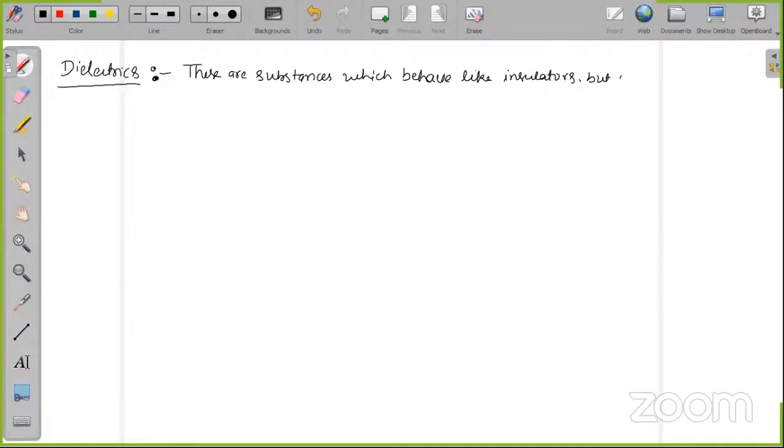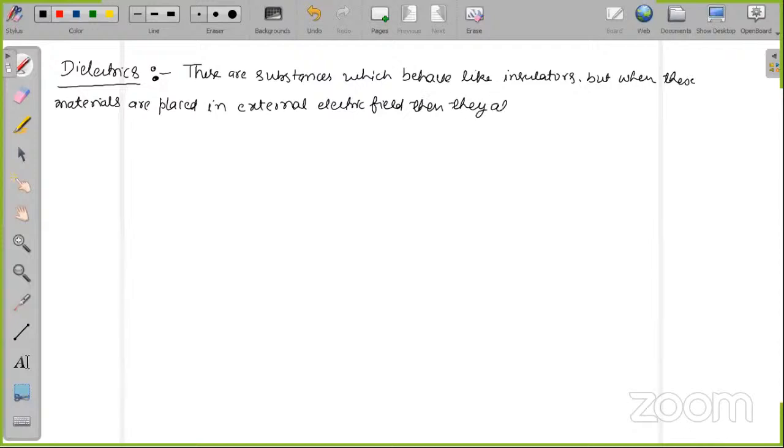but when these materials are placed in an external electric field, then they allow electric field lines to pass through them.